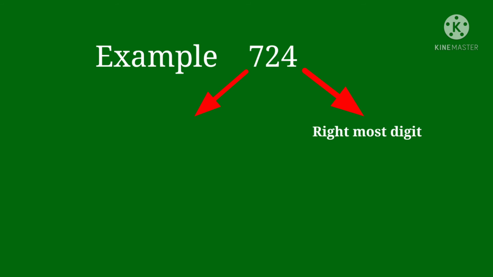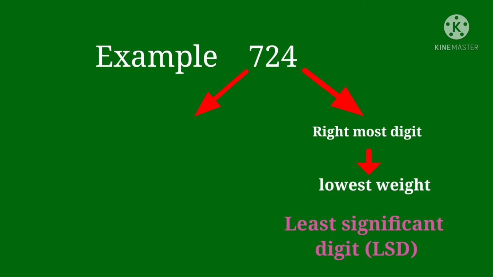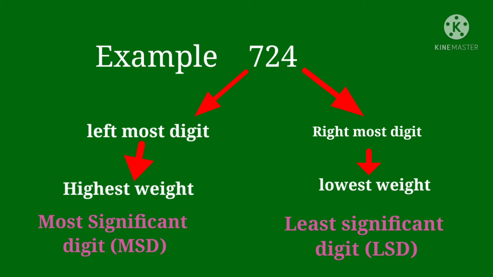The rightmost digit of the number has the lowest weight, and this digit is called the least significant digit. The leftmost digit of the number has the highest weight, and this digit is called the most significant digit, that is MSD.